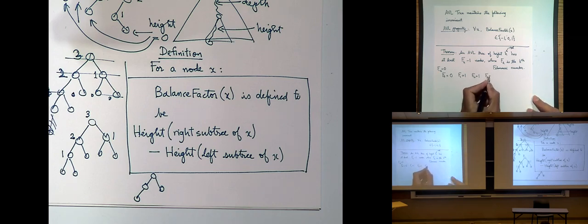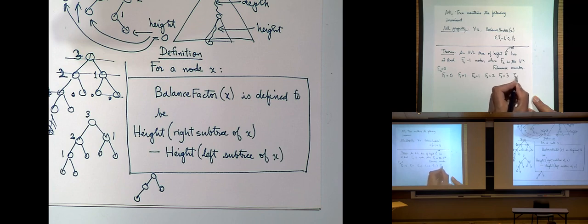The next term of the Fibonacci sequence is just the sum of the previous two. So F of 3 is 2, F of 4 is 3, F of 5 is 5, F of 6 is 8, and so on and so forth. Does this make sense?